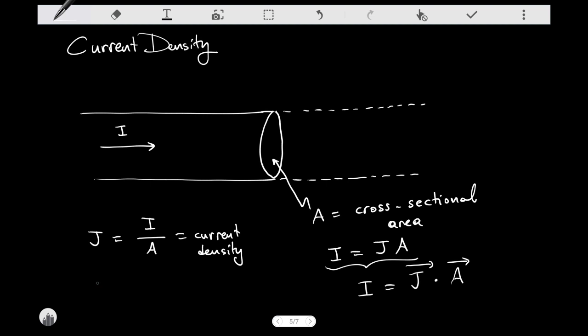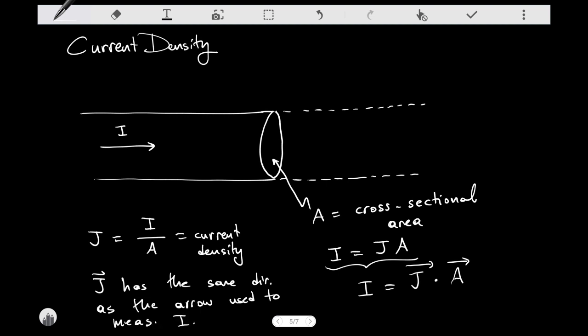So as a result, J has the same direction as the arrow used to measure the current. Okay, so it's a vector quantity that has this magnitude and this direction.